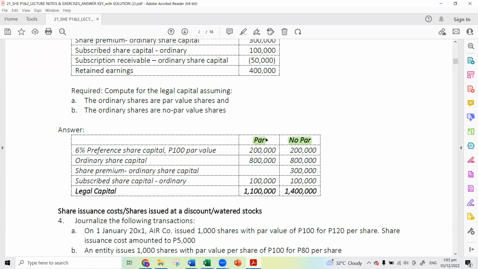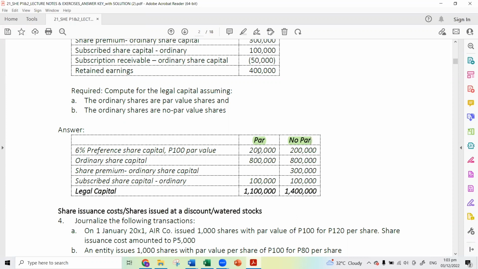So itong par value shares na ito, yung peso value na fix ay inilalagay sa articles of incorporation, ganon din nilalagay yan sa share certificate.